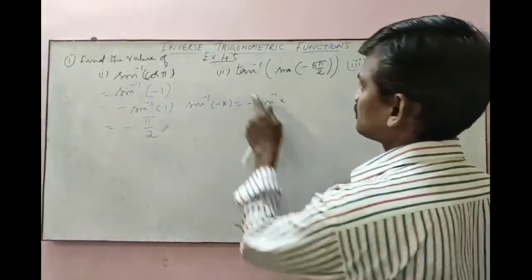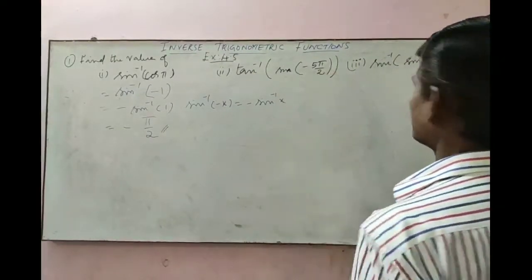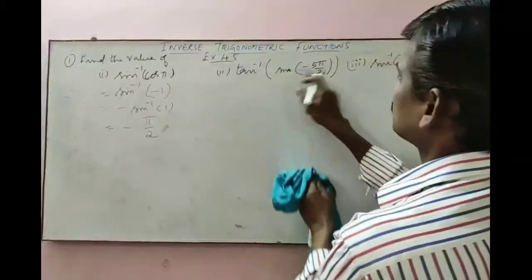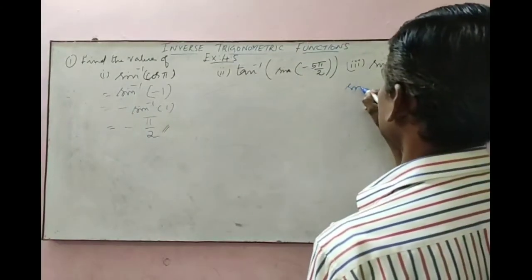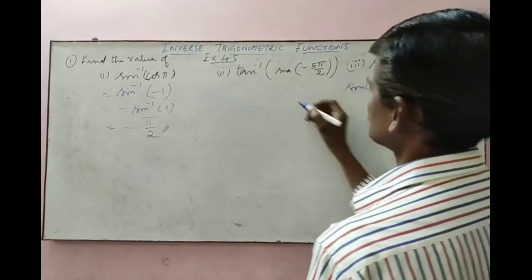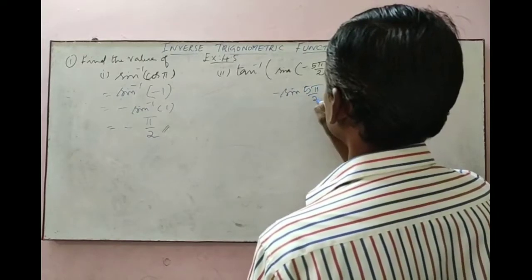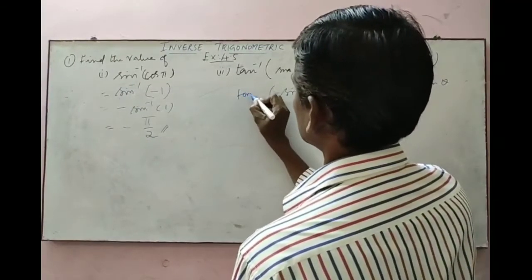Next, in the second sum, tan inverse of sin of minus 5 pi by 2. Here, sin of minus theta is equal to minus sin theta. Using this, you can write this as tan inverse of minus sin 5 pi by 2.